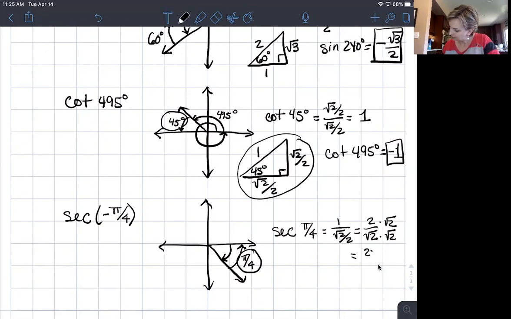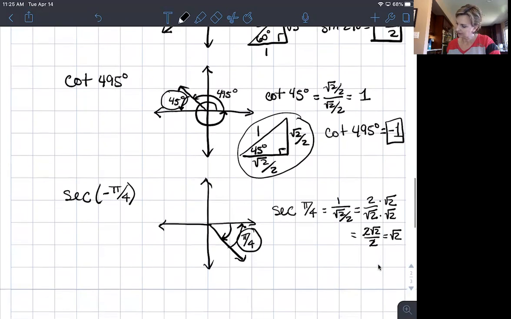So that's 2 square root of 2 over 2. And that leaves us with the square root of 2. All right. So the secant of 45 degrees, or pi over 4, is the square root of 2.